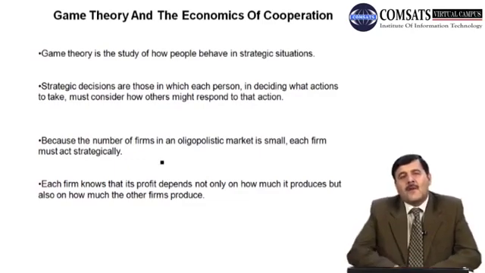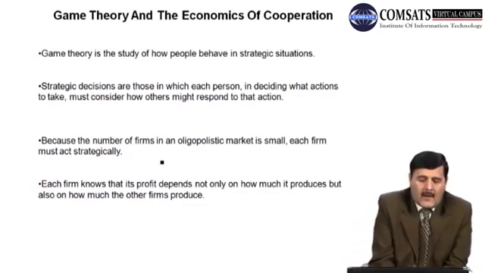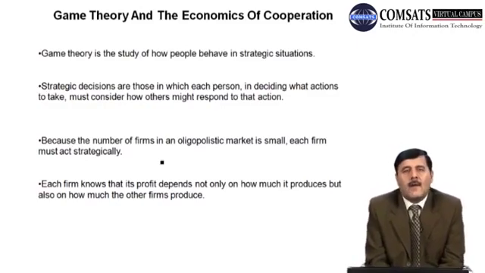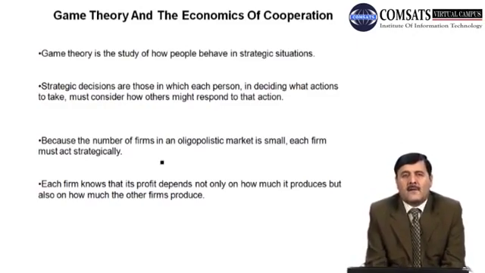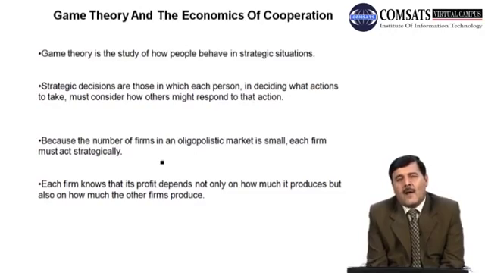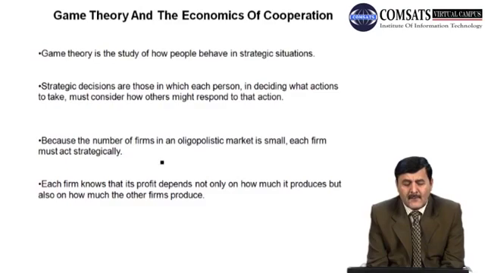So when we talk about game theory, we have to discuss the strategic decisions or strategic situations of the firms. When the firm wants to decide how much it should produce, it depends on how much its competitors or the other firms in the industry produce. So they must consider this while deciding their output.